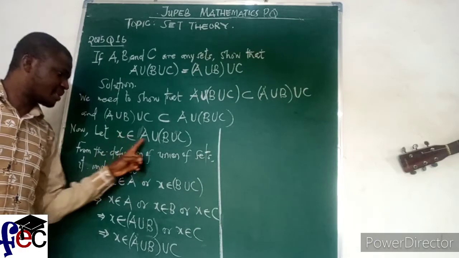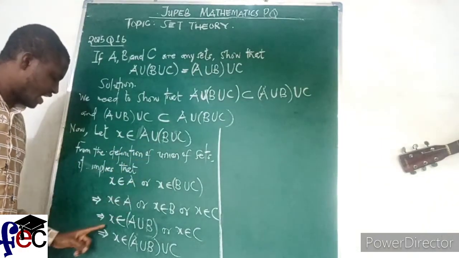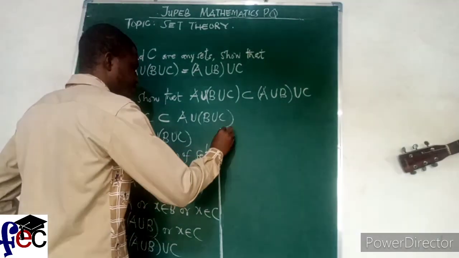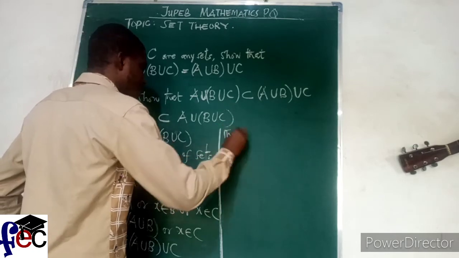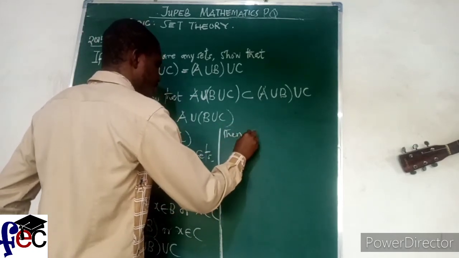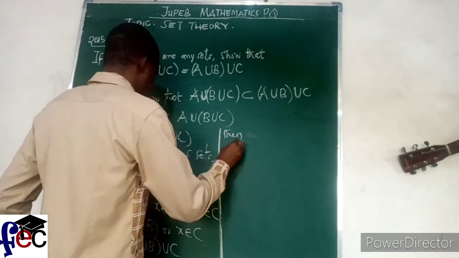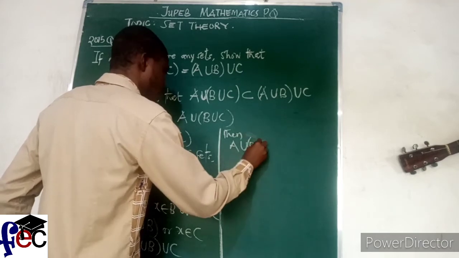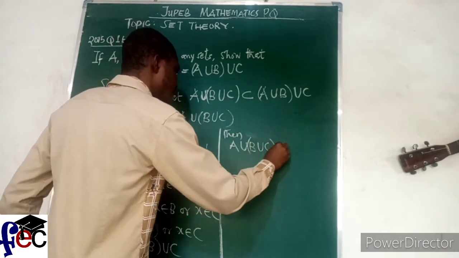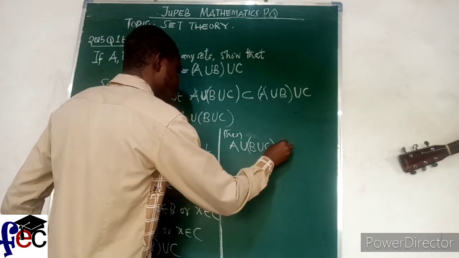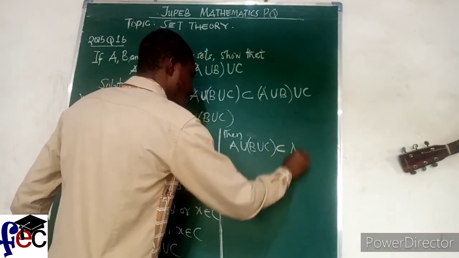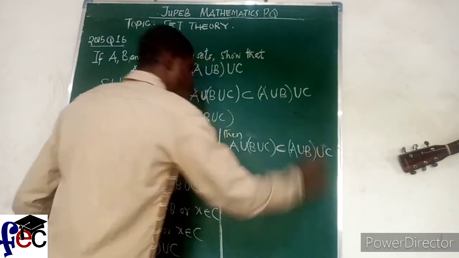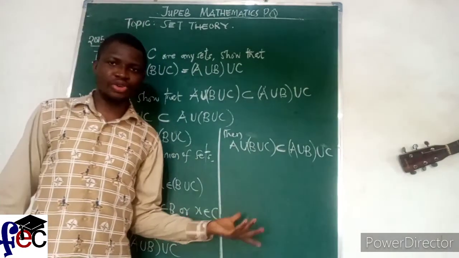If X is a member of this, and we eventually end up seeing that X is a member of this, then it's obvious that A union B union C is a subset of A union B union C. All right, that's all.